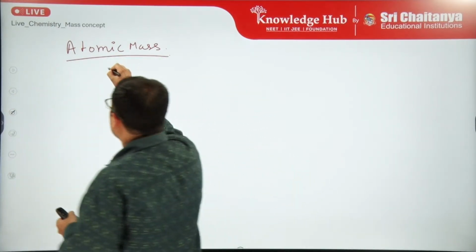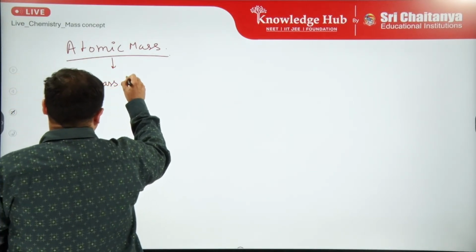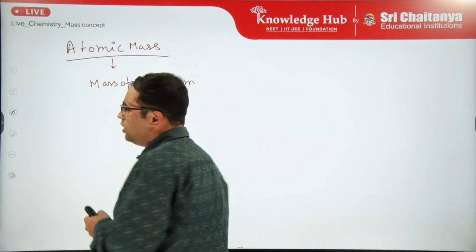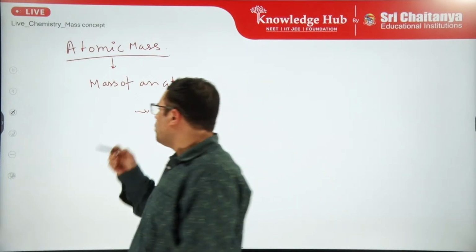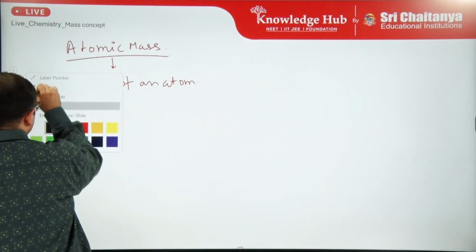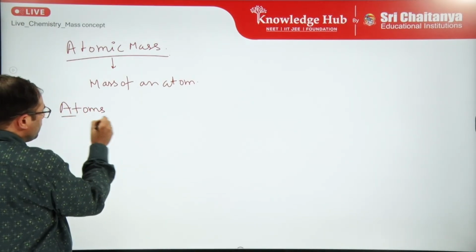Simply, it is the mass of an atom. If you have a small atom, the mass of that atom. And what does that atom contain? An atom consists of what?